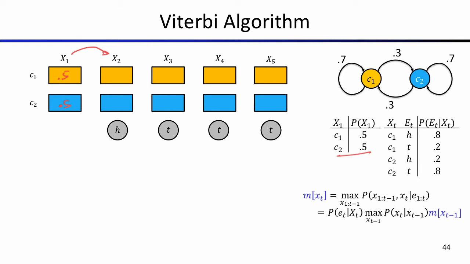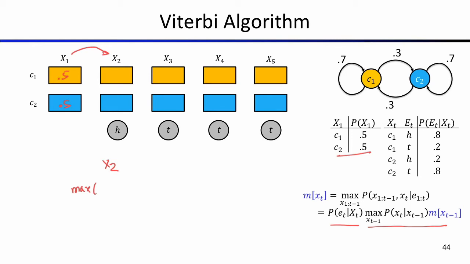So for the transition in time, you have to do this part of the computation, and later on we multiply by the emission probabilities, according to the observation that we have made. So for the x2 variable, we have actually two possibilities, and I'm going to take the maximum between them.